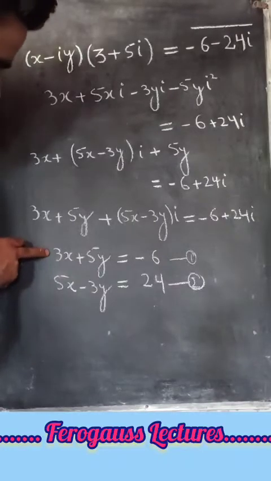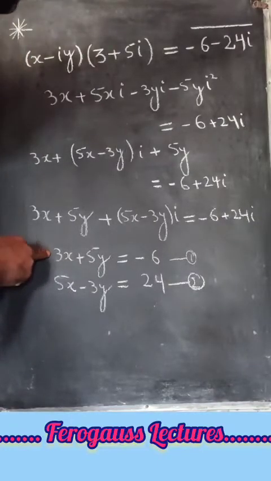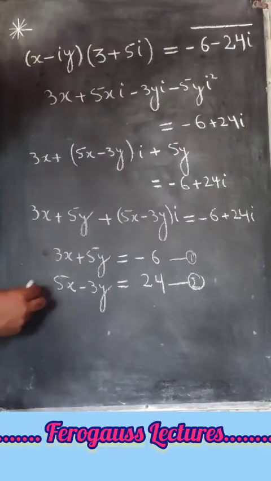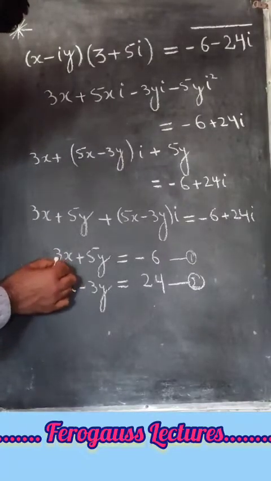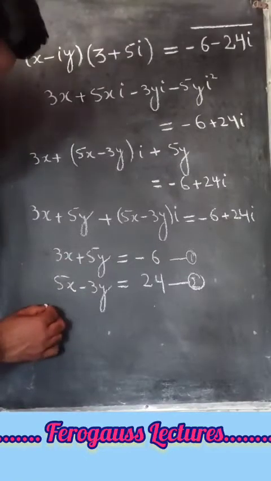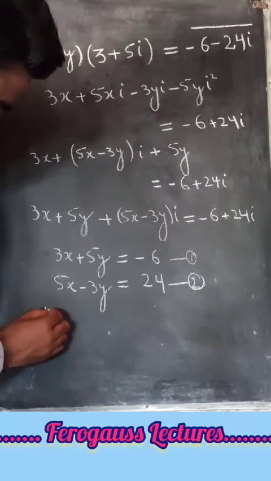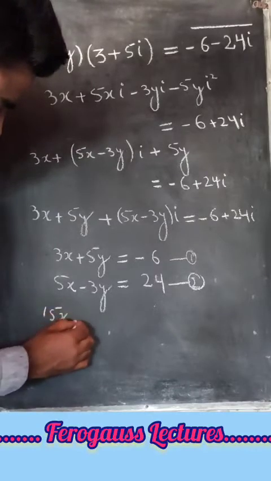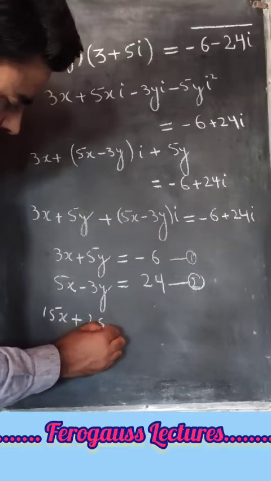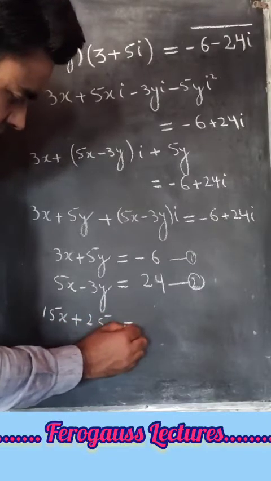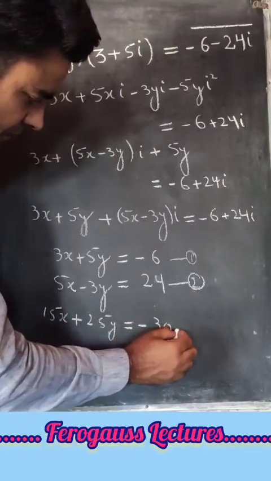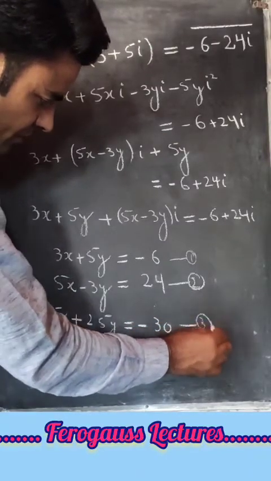For that we will multiply equation first by 5 and equation second by 3. Multiplying equation first by 5, we get 15x plus 25y is equal to minus 30. Name this as equation third.